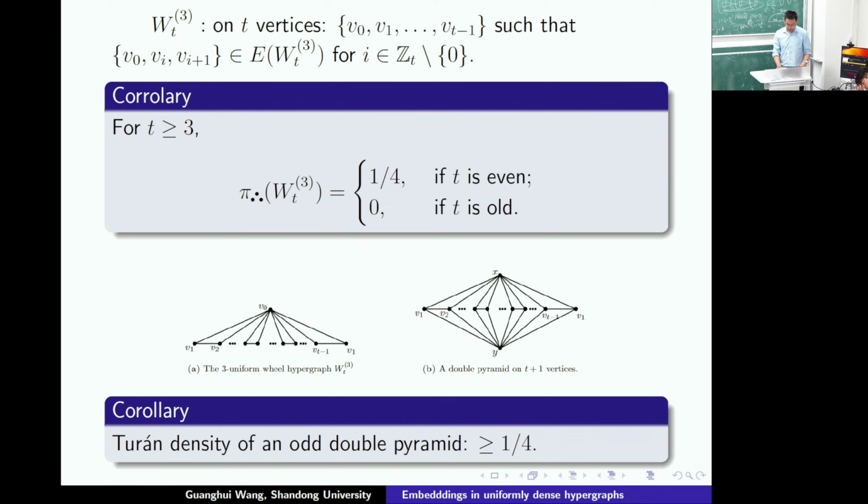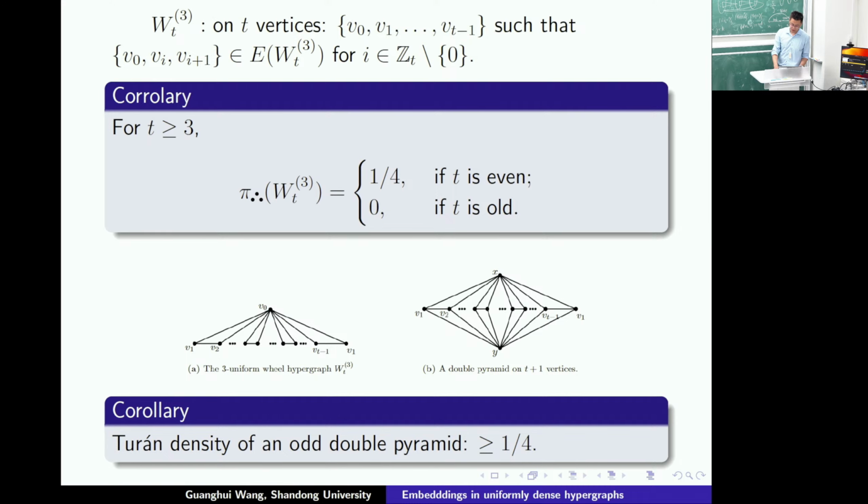Because a blow-up of a hypergraph F has the same uniform Turán density as the original F, we also have the double pyramid. The uniform Turán density is 1/4 if t is odd.